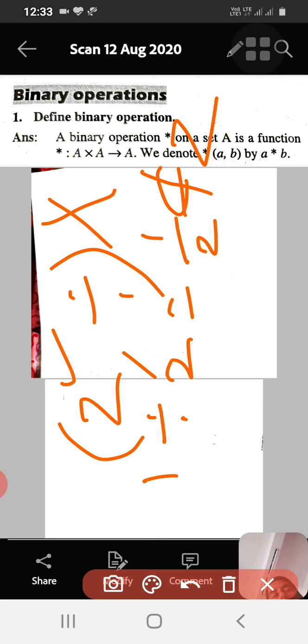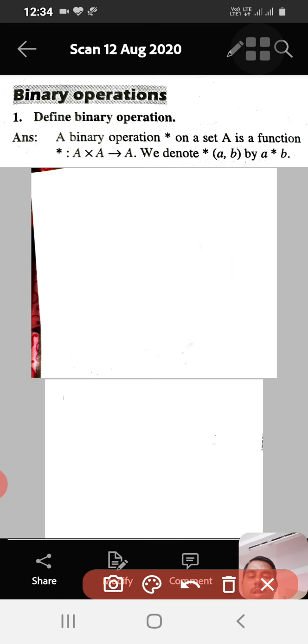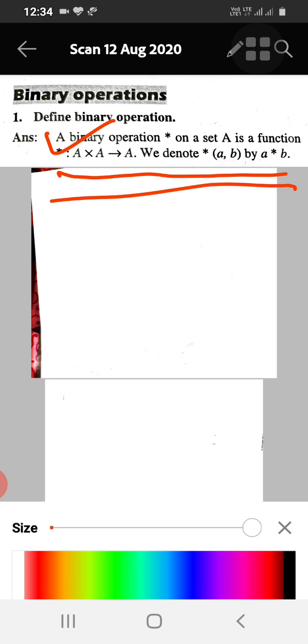So you write down such examples in your notebook, and don't forget to go through the definition here. So what is the definition? A binary operation star on set A is a function from A cross A to A. We denote this star of a, b by a star b.